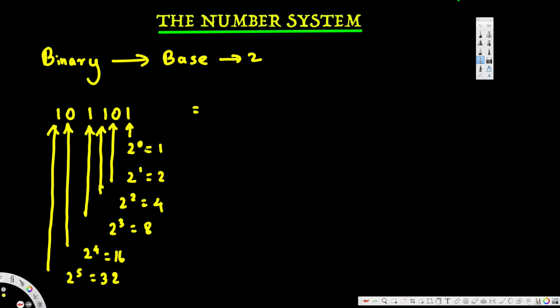And if you add them together, if you start from here, 2 power 0 is 1, 1 times 1, plus 2 times 0, plus 4 times 1, plus 8 times 1, plus 16 times 0, plus 32 times 1.